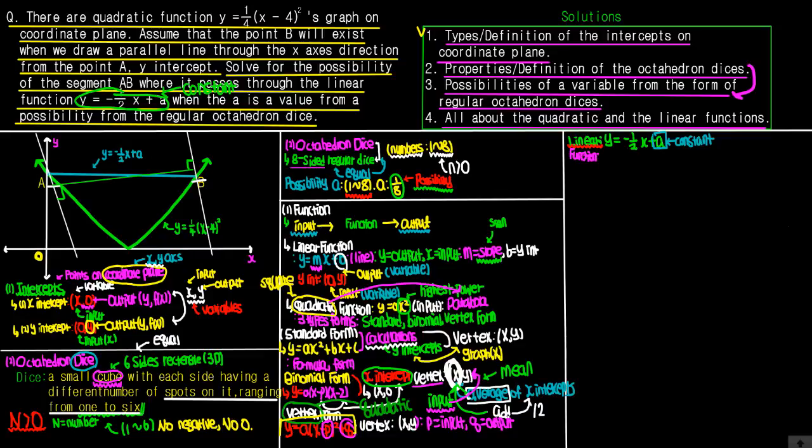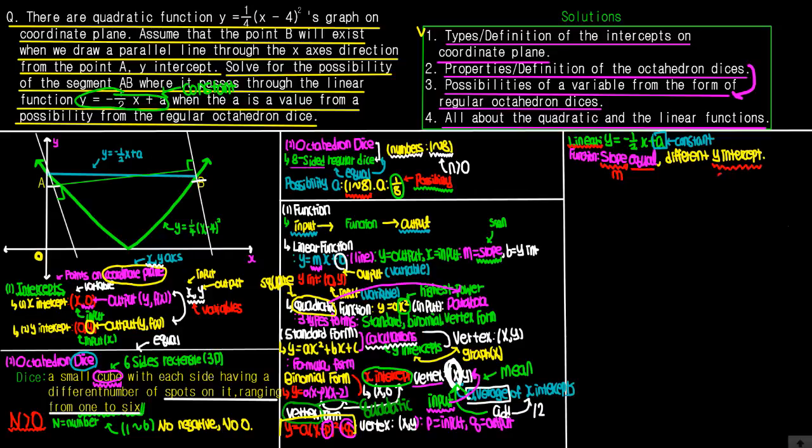Well, for parallel lines, the m value, the slope, should be equal, which means the slope of our linear function should always be exactly the same in order to be parallel, but with a different y-intercept. This is what parallel means in our linear function.